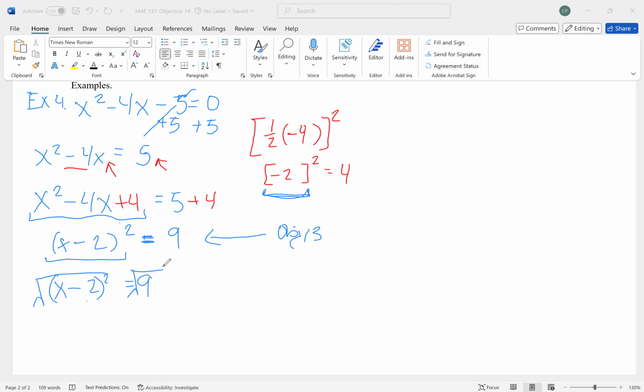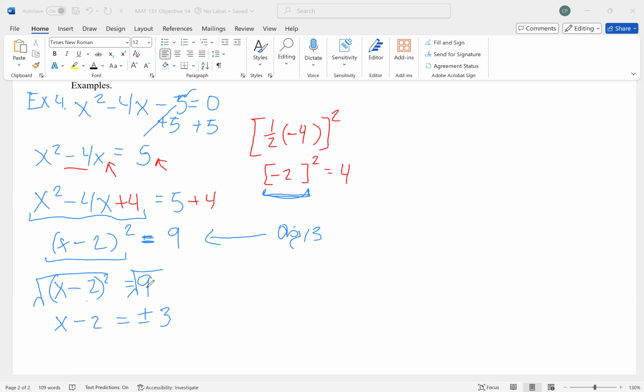When I take the square root of x minus 2 squared, what's going to come out is x minus 2. And the square root of 9 is plus and minus 3. If you said just 3, you're wrong, okay? It's plus and minus 3. And so now we have x minus 2 equals plus or minus 3.